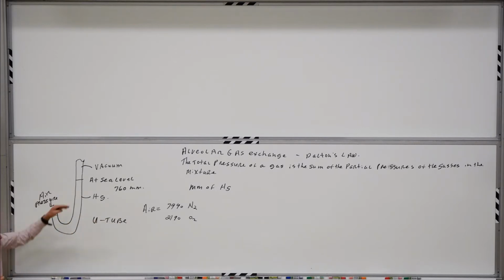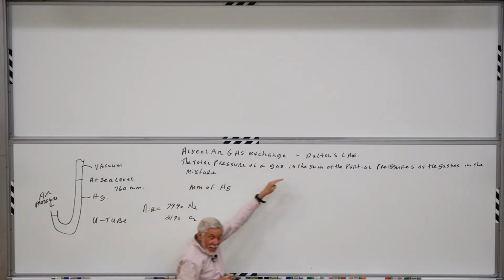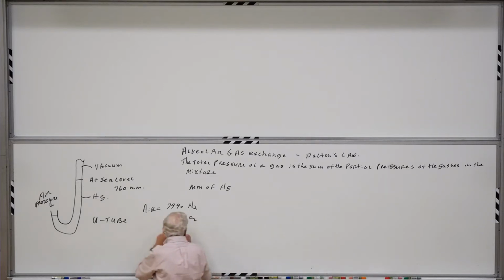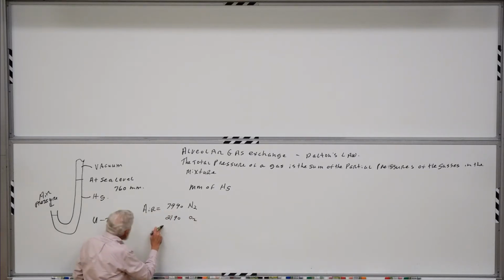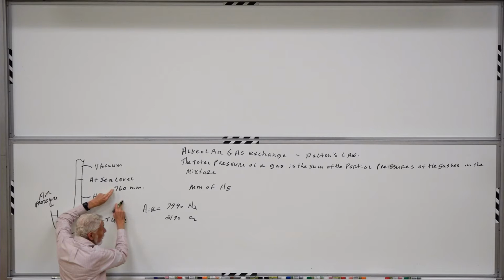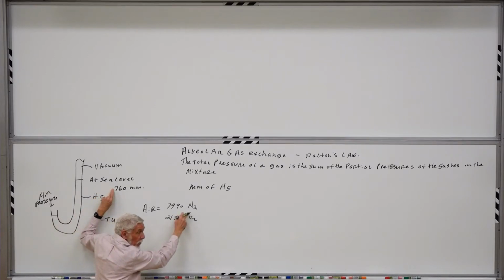So then from Dalton's law of partial pressures, which says that the total pressure is simply the sum of the partial pressures, we can then estimate what proportion of the 760 millimeters is contributed by the oxygen and what proportion of the 760 millimeters is contributed by the nitrogen.